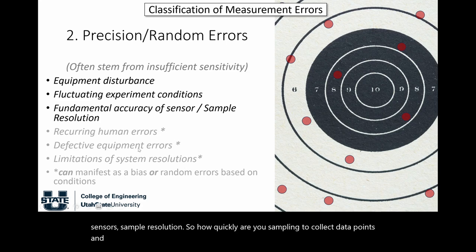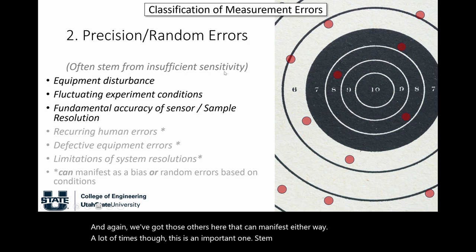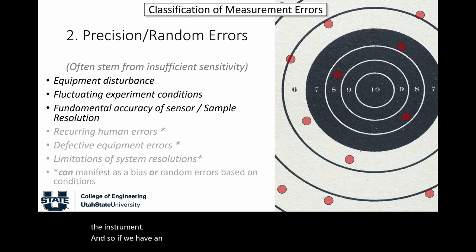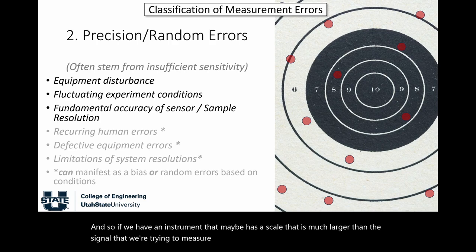And again, we've got those others here that can manifest either way. A lot of times though, and this is an important one, it stems from insufficient sensitivity of the instrument. If we have an instrument that maybe has a scale that is much larger than the signal we're trying to measure, it might not be sensitive enough. And so we're going to have random errors all over the place in that one.